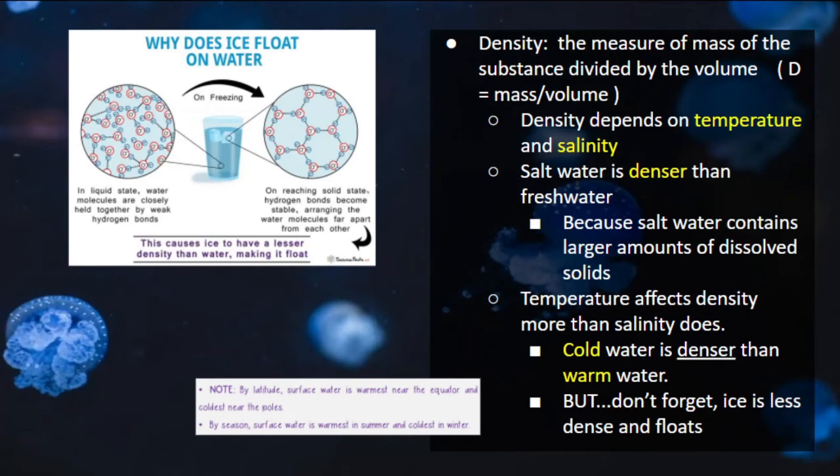Now, this is the tricky part, and this is where people get confused. Ice is less dense than liquid water. So that's why ice floats. And that can be confusing because what ends up happening when water gets cold enough to freeze is it forms a crystal lattice with hydrogen bonds that makes a very structured form, what we see as ice, and it expands a little.